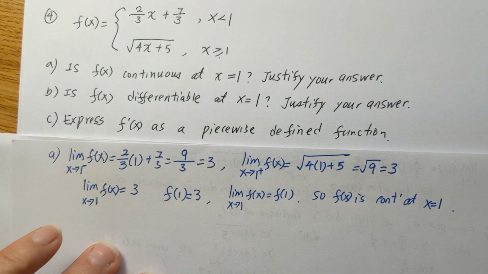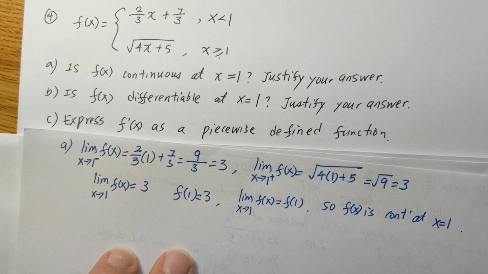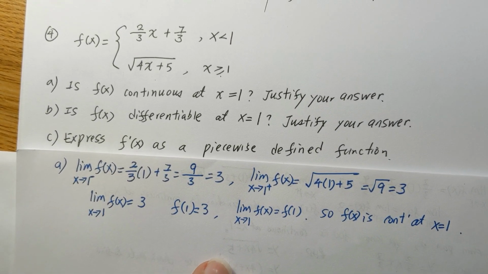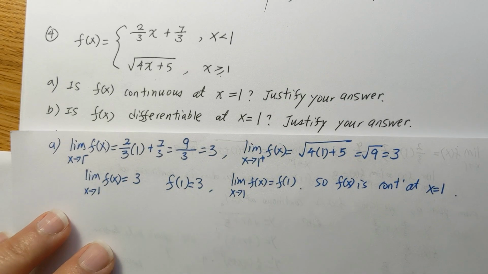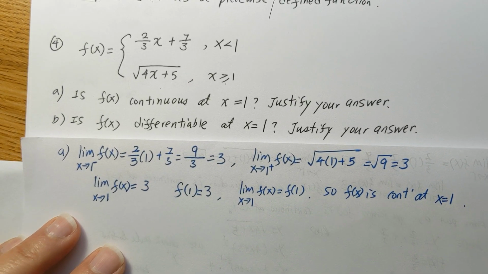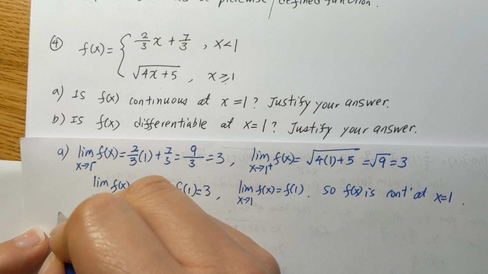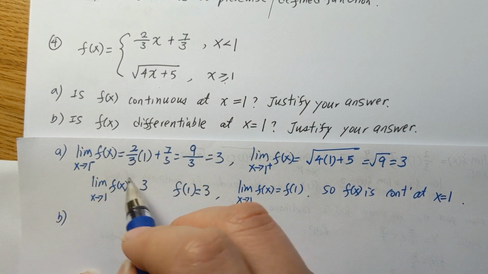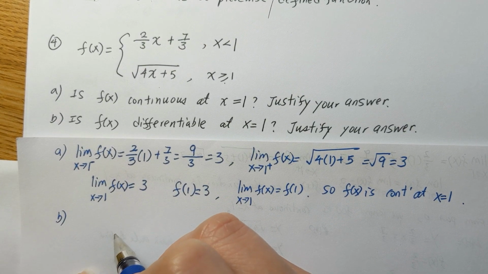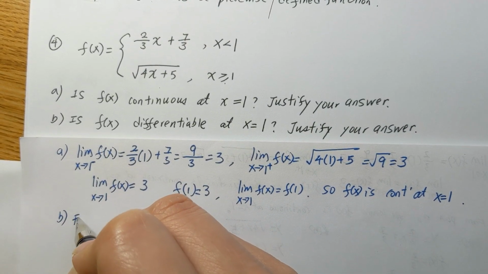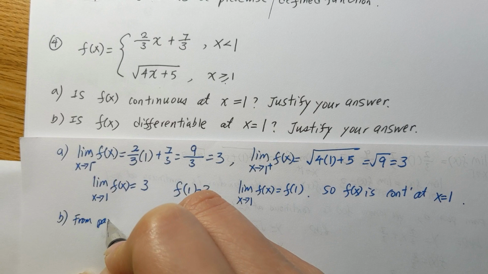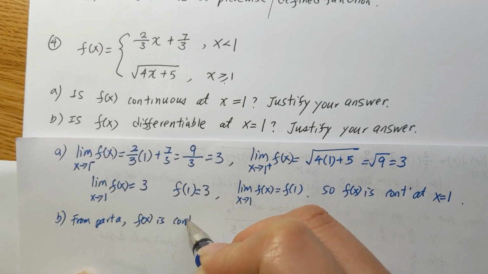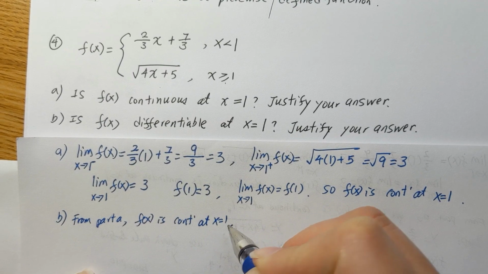Now let's take a look at part B. Part B, the question asks, is f of x differentiable at x equal to 1? So we also say that for differentiable, you had to satisfy two conditions: continuous, and then left-hand slope equal right-hand slope. So from part A, f of x is continuous at x equal to 1.